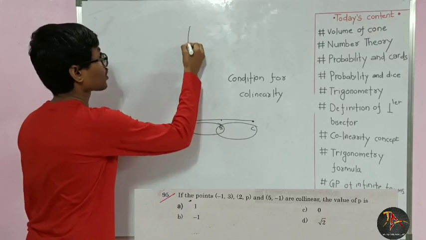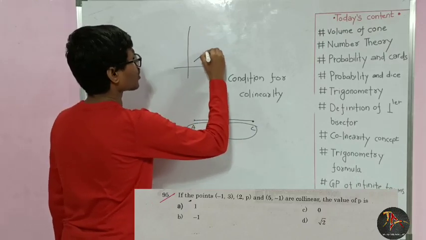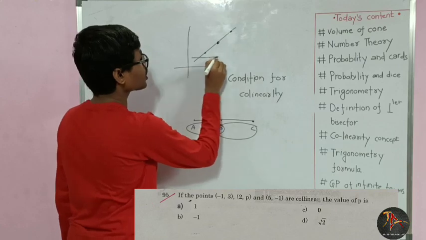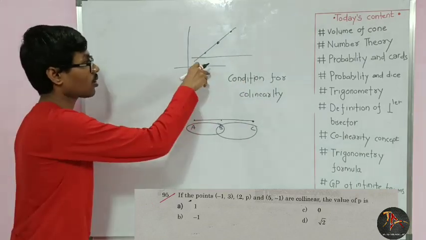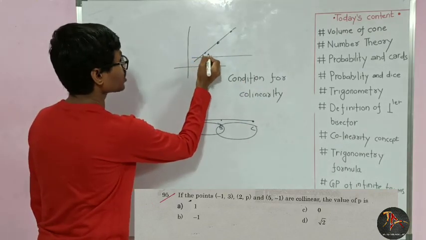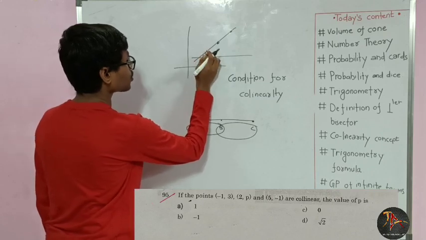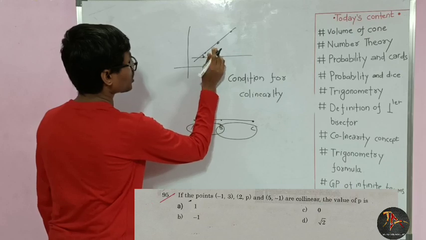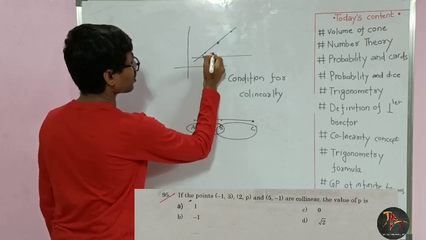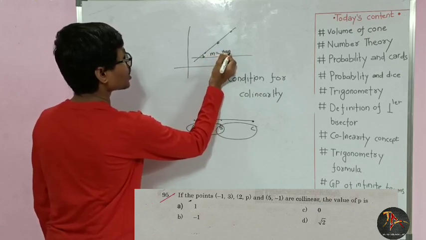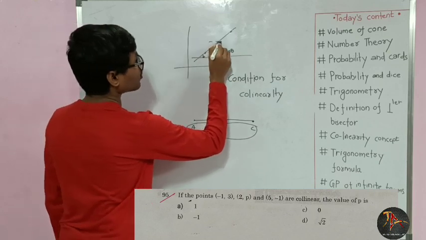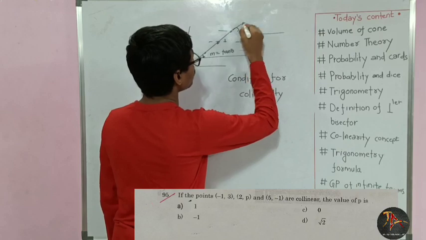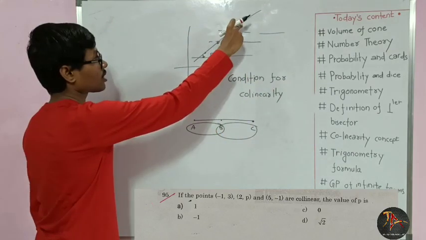What is slope? Slope is the angle made by this line with the positive x-axis, the tan of that angle. Suppose this angle is theta, then slope is tan theta. If I take it from this point also, I will get the same theta.